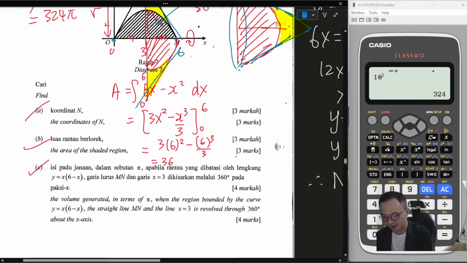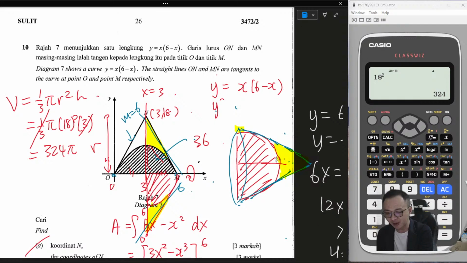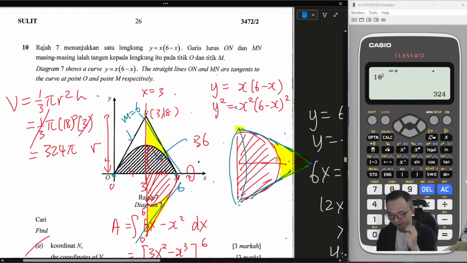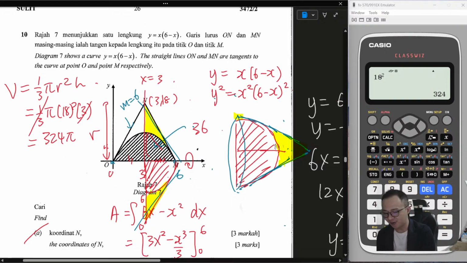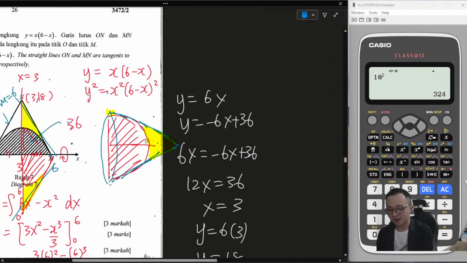Rotate about the x-axis, isn't it? Because if I do y squared, this will be x squared times (6 minus x) squared. You need to expand and integrate it, and you have no choice but to do it. They expect you to do it yourself.